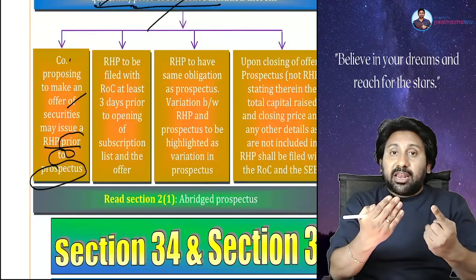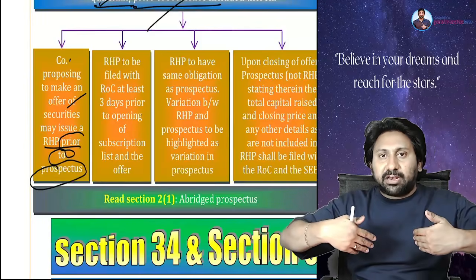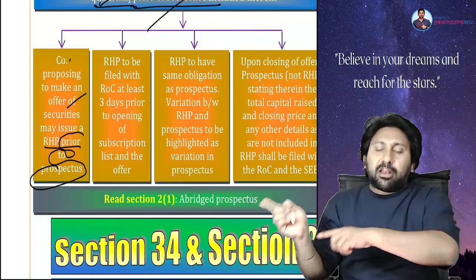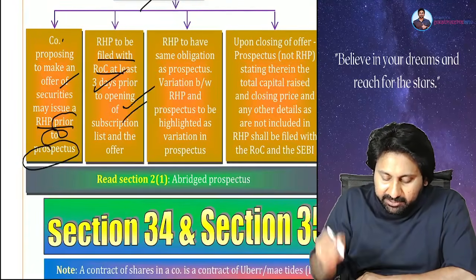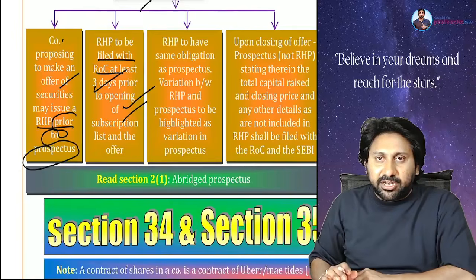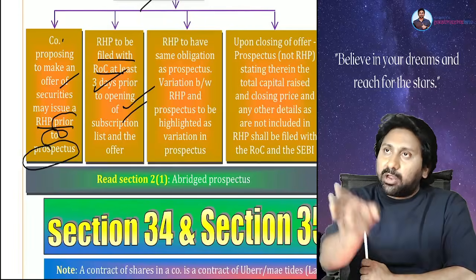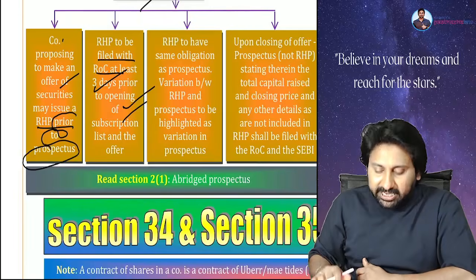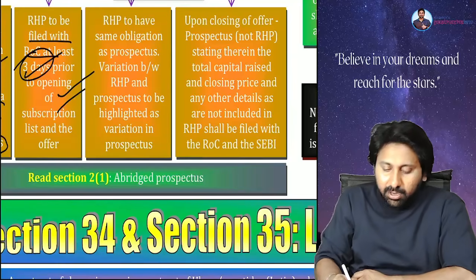Before issuing the final, first give the red herring. Demand, number of shares and price will come. Put these in the final prospectus. RHP should be filed with the ROC 3 days prior to the opening of the subscription list. Means before accepting the money, at least 3 days before, RHP should be made available on the websites. Next, 3 days. Important for MCQ.